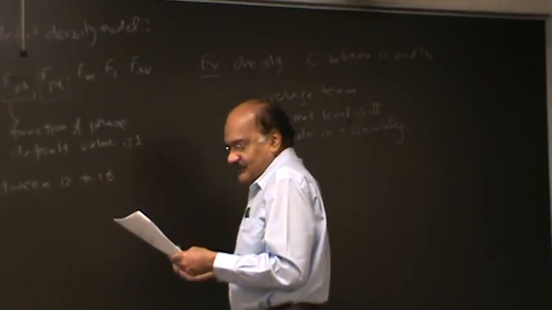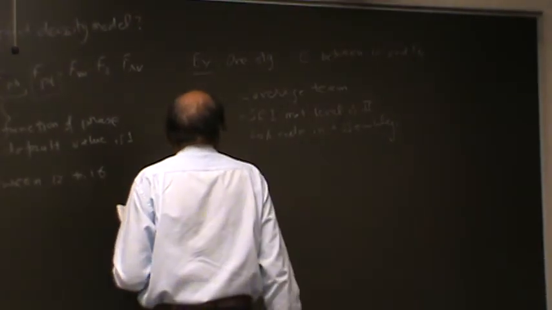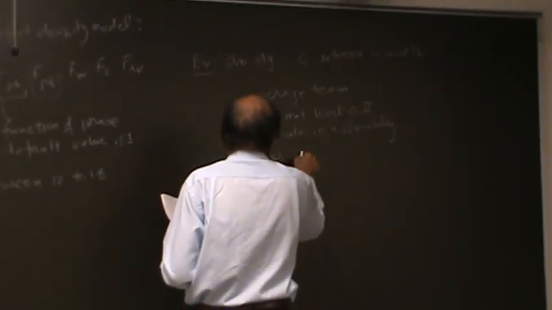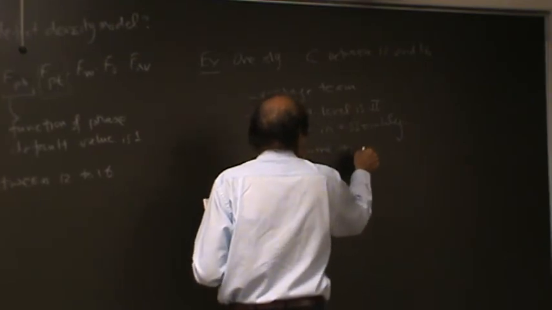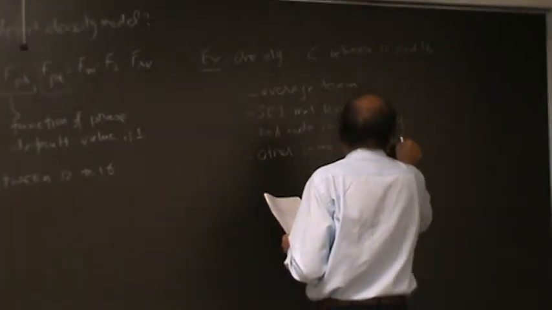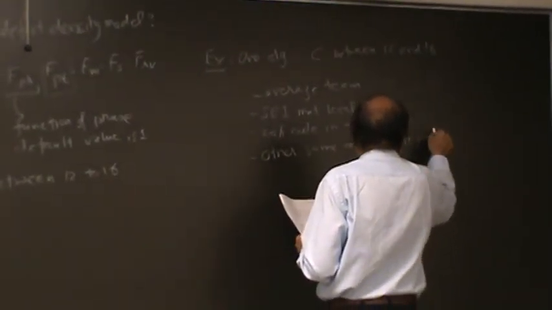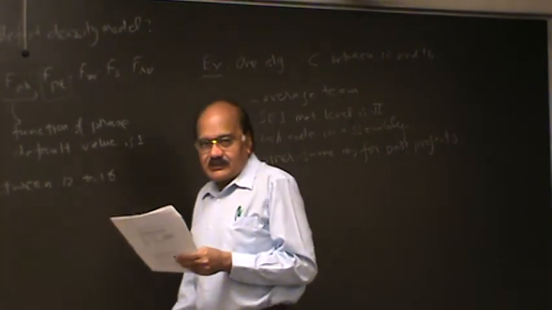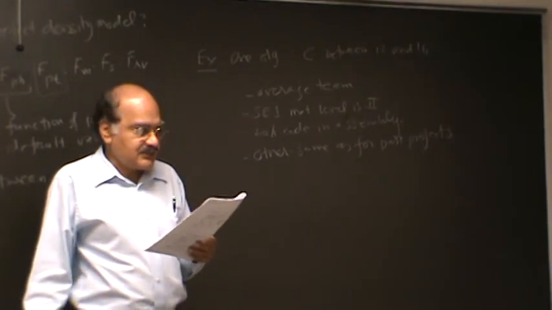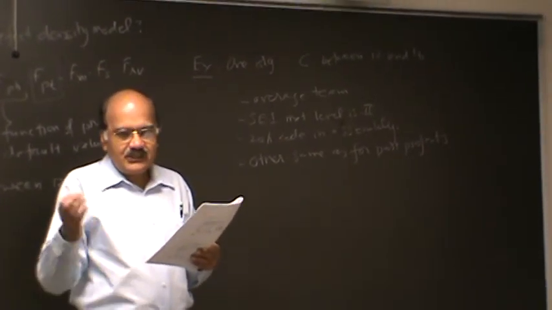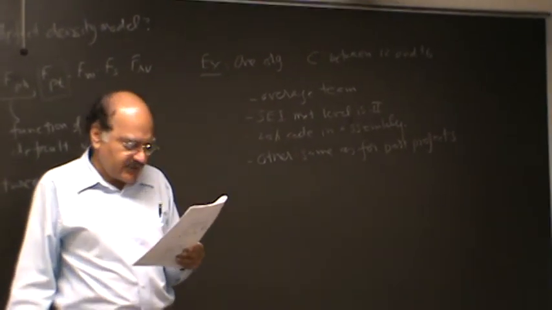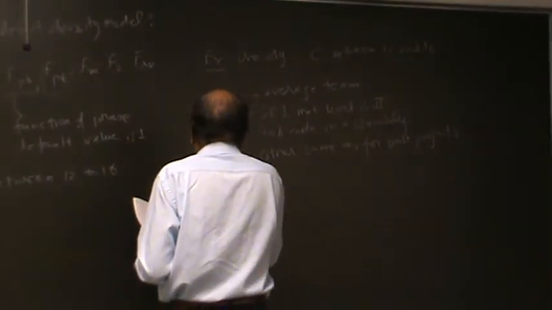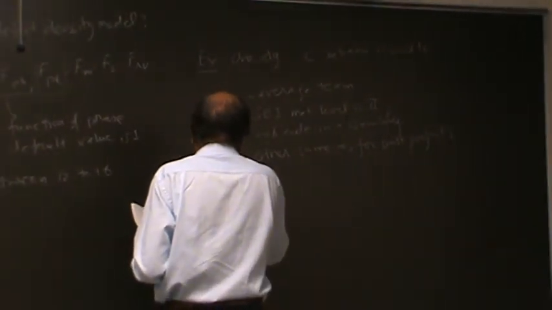And other factors are same as for past projects. So you don't think that other factors have changed in any significant way from your past projects. Then you have to estimate the defect density. So D, here are the estimates.